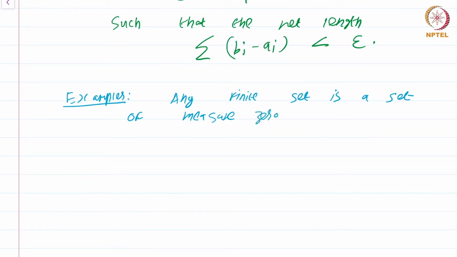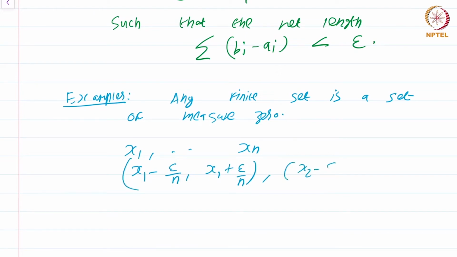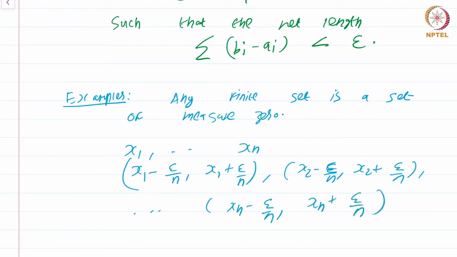How do you see this? Well, you enumerate the points as x1 to xn and consider (x1 minus epsilon/n, x1 plus epsilon/n) as one of the elements of the cover, and (x2 minus epsilon/n, x2 plus epsilon/n), dot dot dot, (xn minus epsilon/n, xn plus epsilon/n).